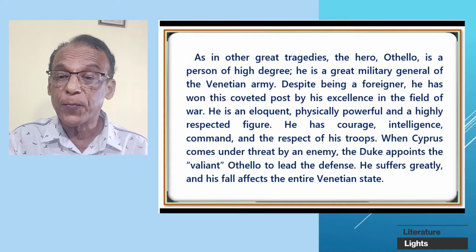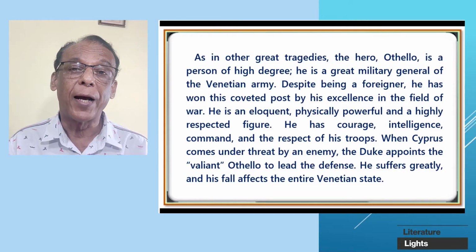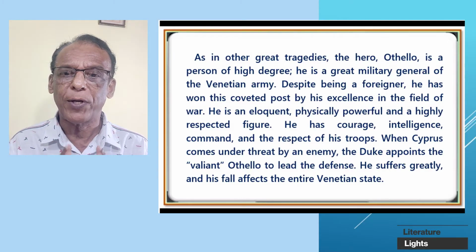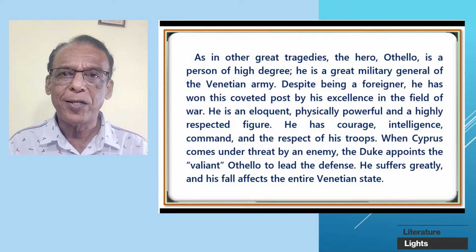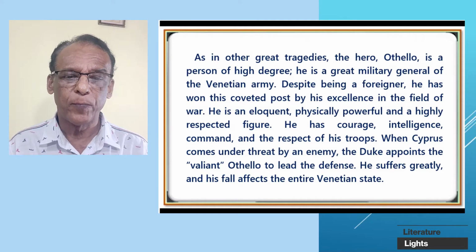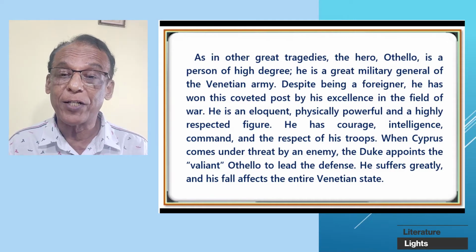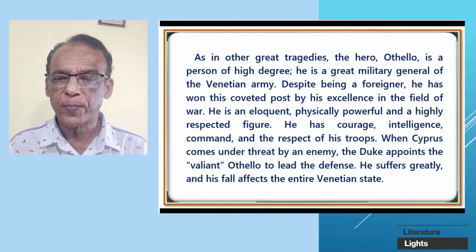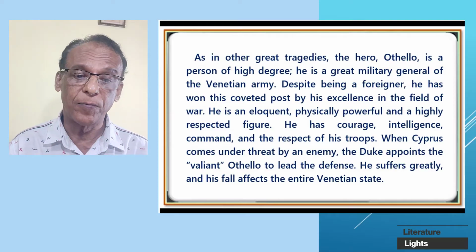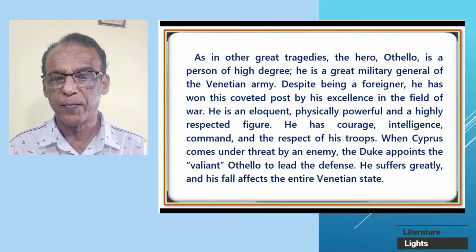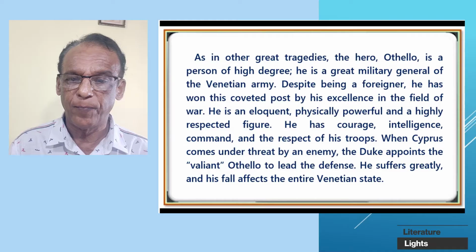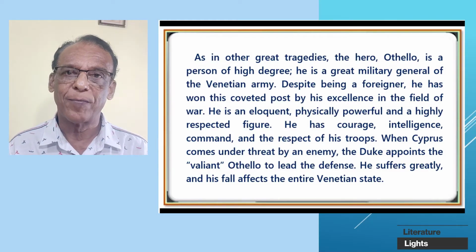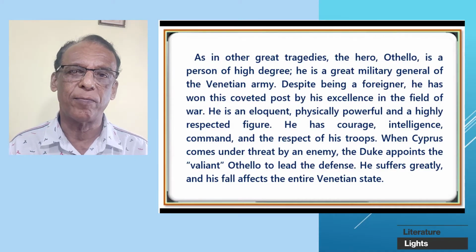He is an eloquent, physically powerful, and a highly respected figure. He has courage, Othello has courage, intelligence, command, and the respect of his troops. When Cyprus comes under threat by an enemy, the Duke of Venice appoints the valiant Othello to lead the defense. He suffers greatly, and his fall, his tragedy, affects the entire Venetian state.